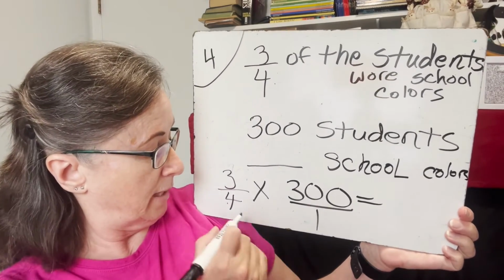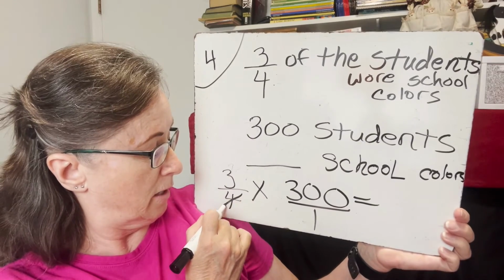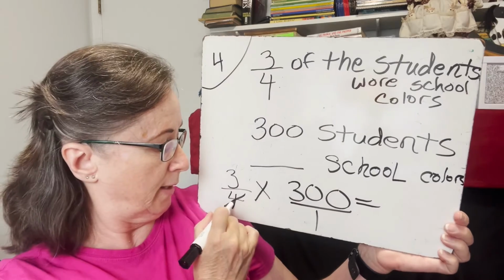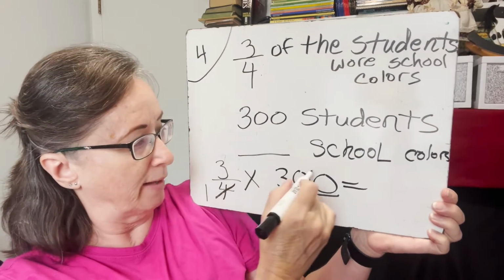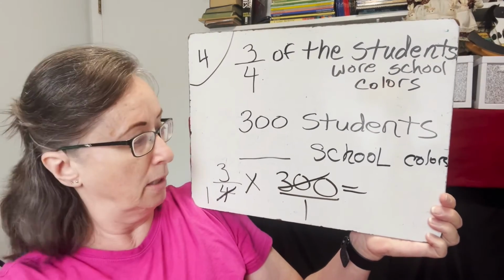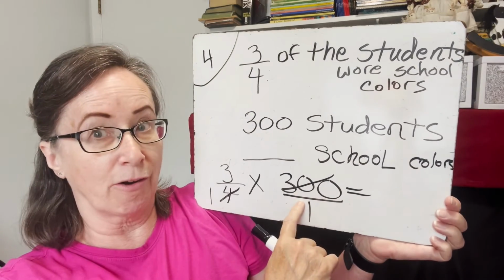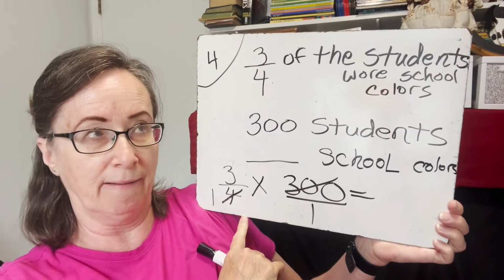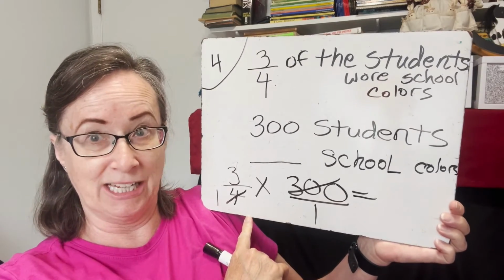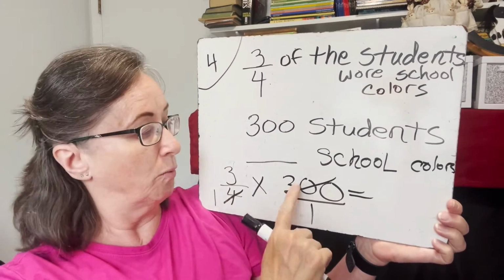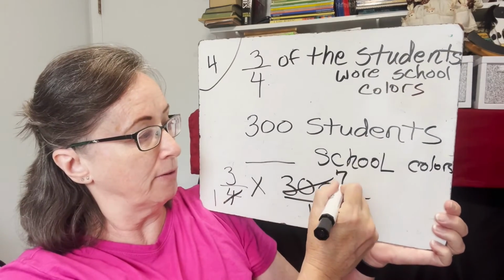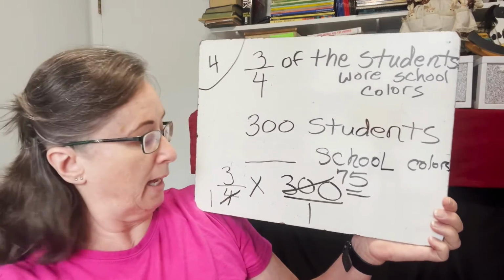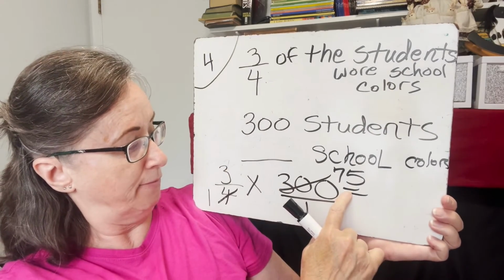And I know that there's 4 in every 100. So I'm going to divide this by 4 and get 1. Divide this by 4. And since there are 300s, there are 25 4s in each 100. 25 times 3 would be 75. You could do that. And then I could multiply 3 times 75.